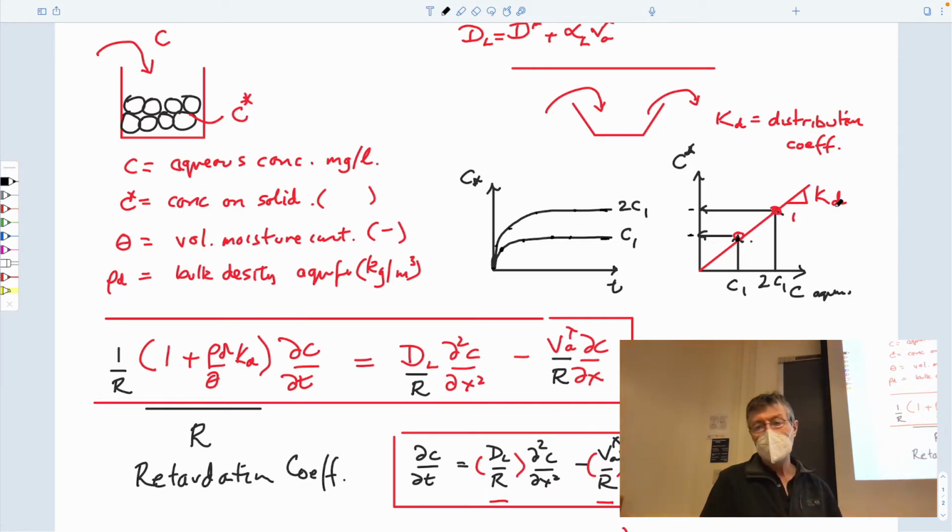If it's curved downwards, it's nonlinear. And so it can either be a Langmuir or a Freundlich isotherm, it doesn't matter. We'll use linear isotherms in this class. And so the idea is that this is both a linear system. You double the concentration of the liquid, you double the concentration that's sorbed onto the grains.